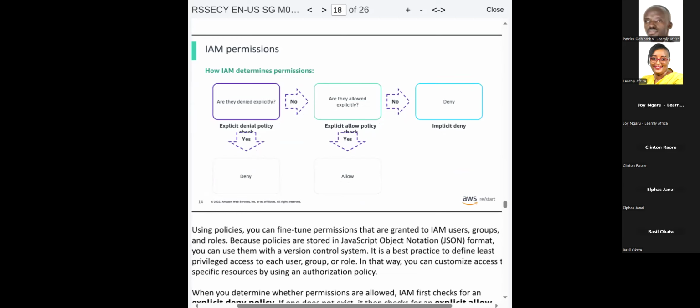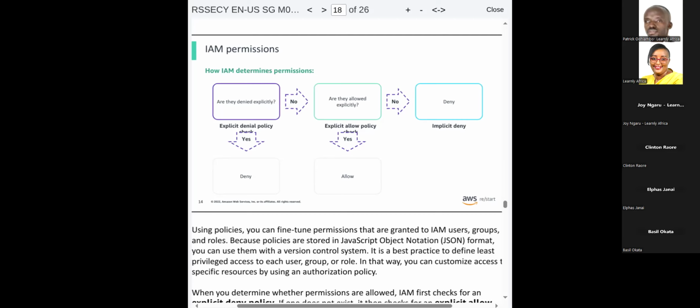For example, let's say EC2 is accessing S3. Say we have not given EC2 access to S3. Is EC2 denied explicitly? If yes, it's going to be denied. But if I had not denied explicitly, then it's going to ask itself, is EC2 explicitly allowed?